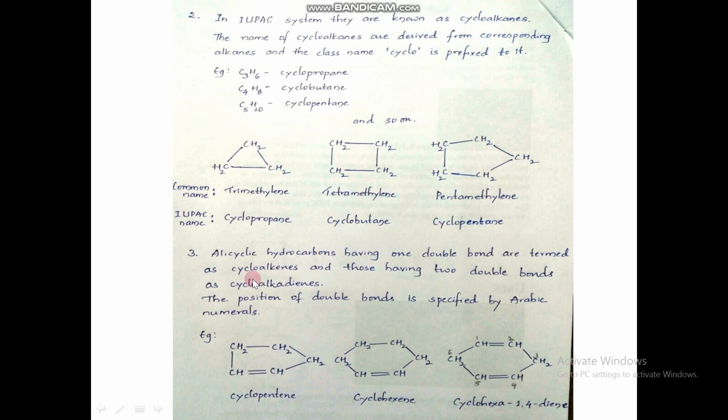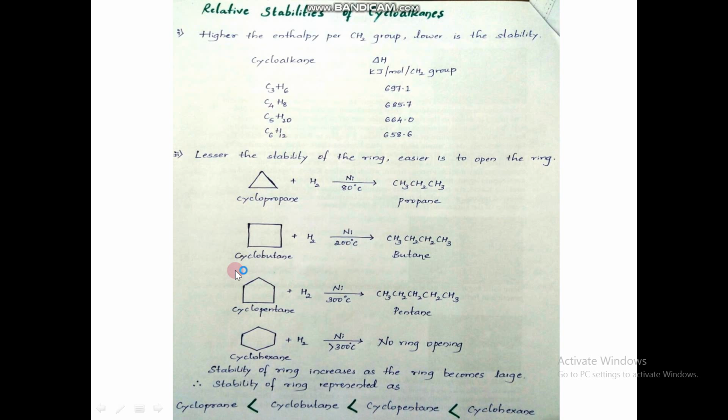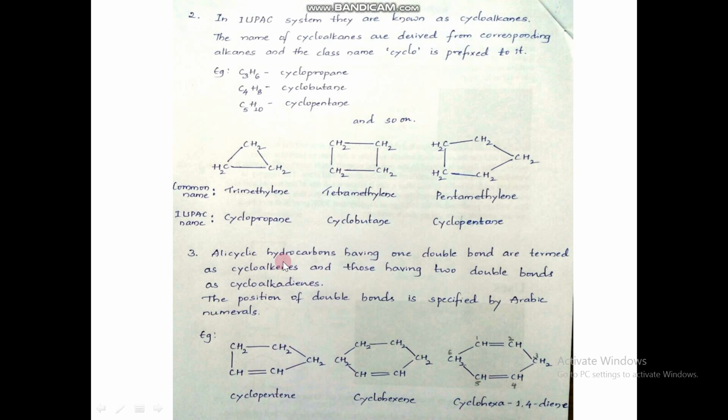One more point is there. Alicyclic hydrocarbons having one double bond are termed cycloalkenes, and those having two double bonds are termed cycloalkadienes. Two double bonds, di means two, is preferred as for alkenes.